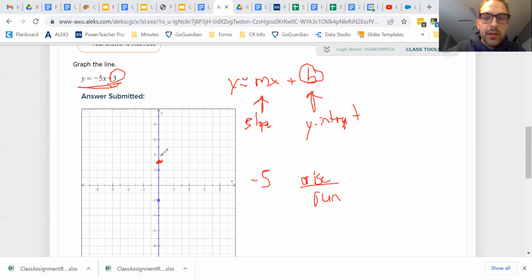So Tori went down 5. But remember, -5 is the same thing as -5 over 1. So if you plot the first point on the y-intercept, you would go down 5 and then over 1. And that is what makes your line.